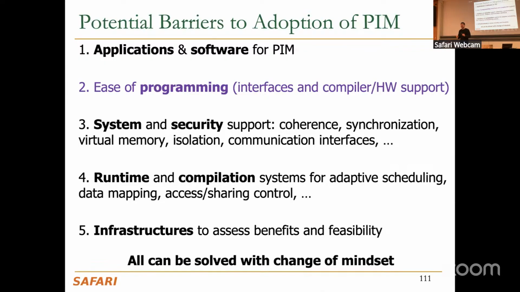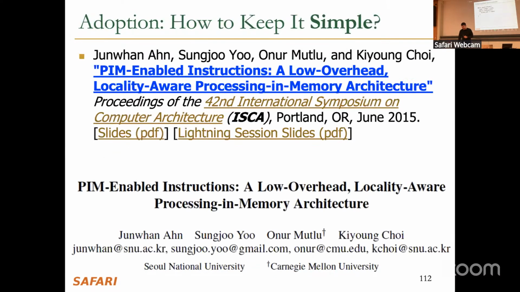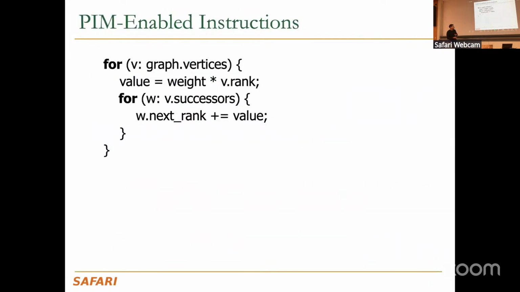Okay, so now let's see how we can port the application to this system. Let's start very simple. Let's do minimum modification to the hardware device and allow that modification to be visible to the software itself. For example, let's say that we have a PageRank code.